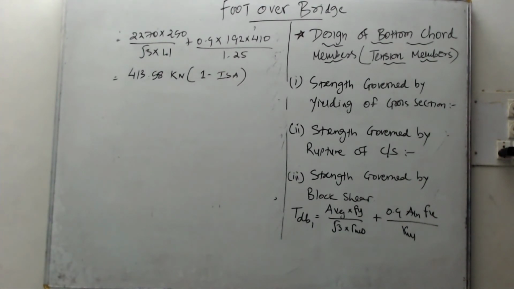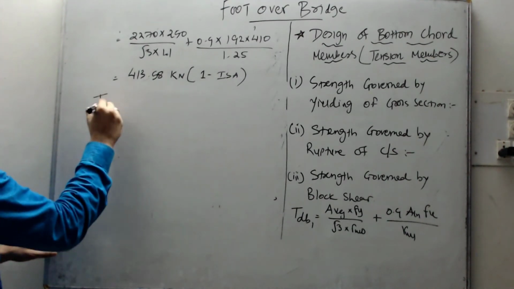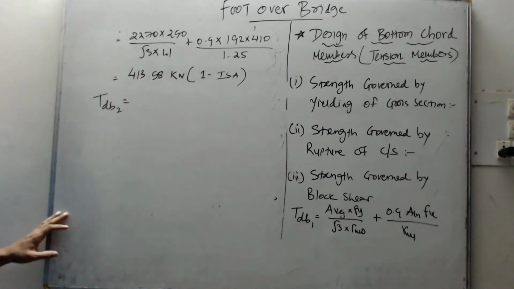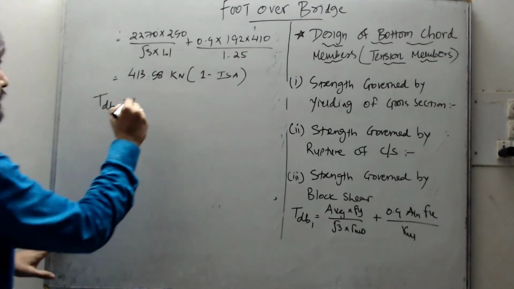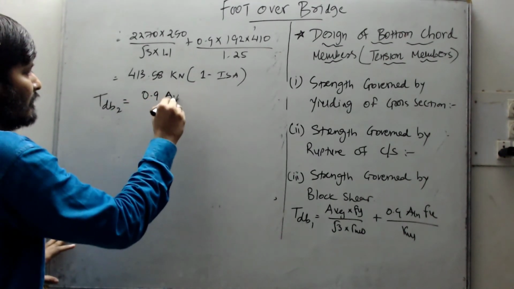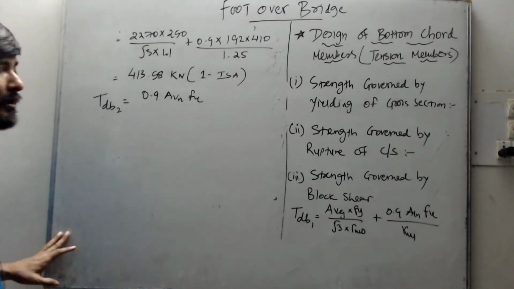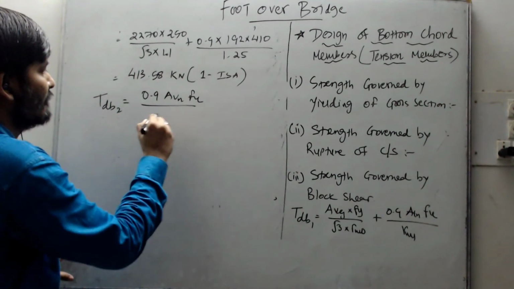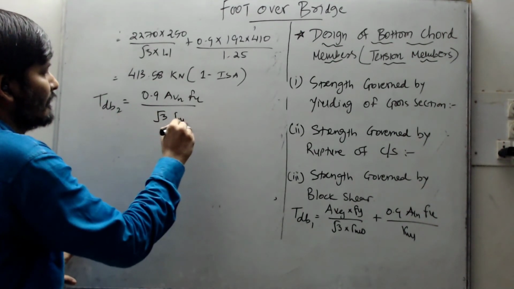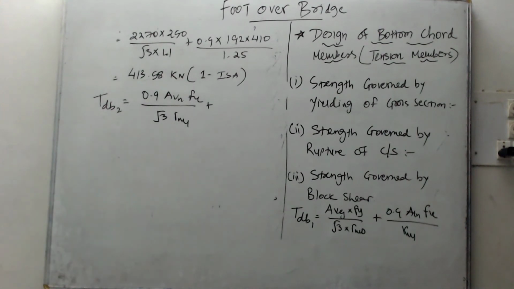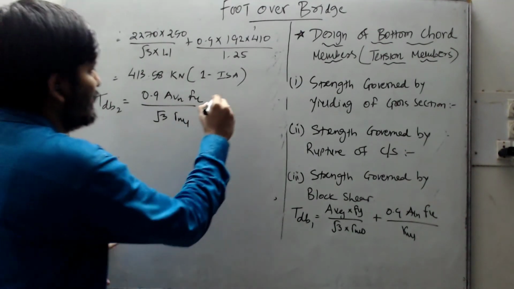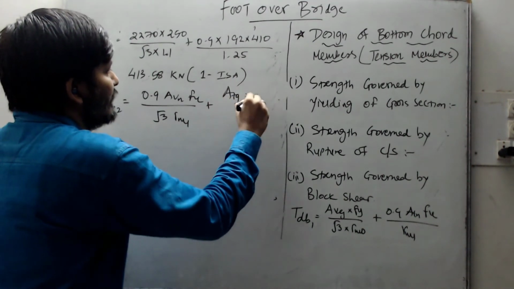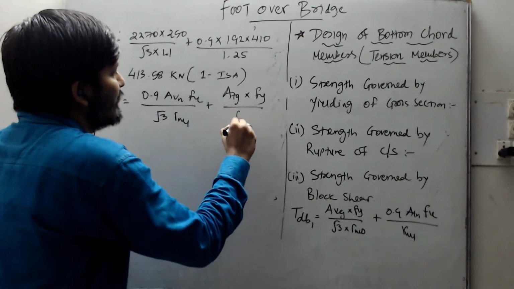Similarly, we need to find out TdB2. The formula for that given in IS code is 0.9 AVN into FU divided by root 3 into gamma M1 plus ATG into Fy divided by gamma MO.